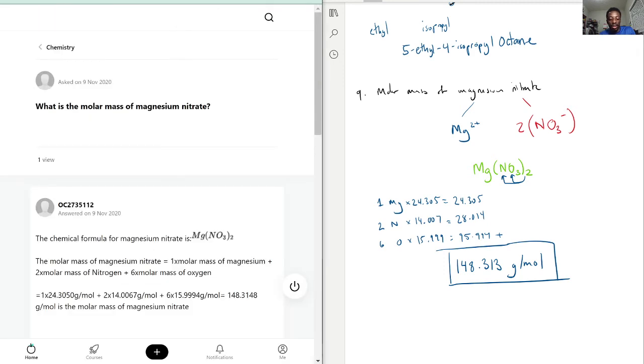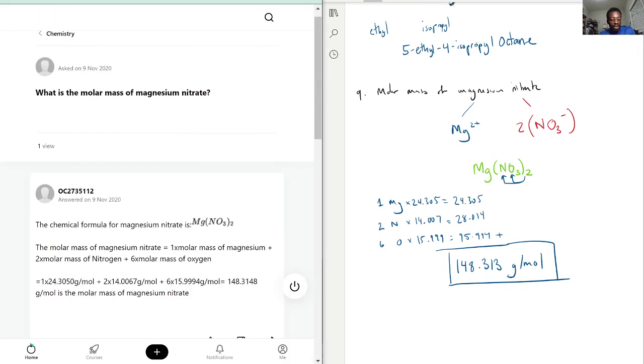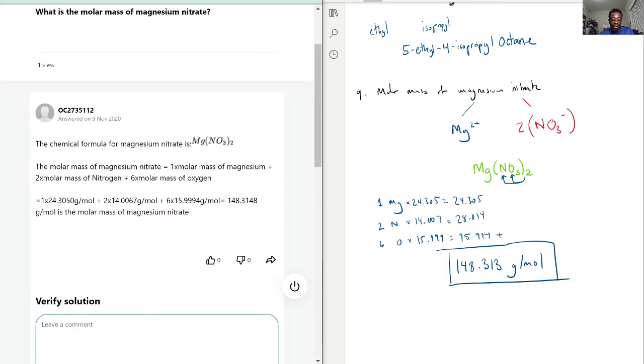And that is actually really close to what they got. But as you can see, their numbers slightly vary based on the periodic tables they used. The point being is that we did get the same molecular structure for magnesium nitrate. That is a chemical formula indeed. And based on that, they got the constituents and they were able to get the molar mass.